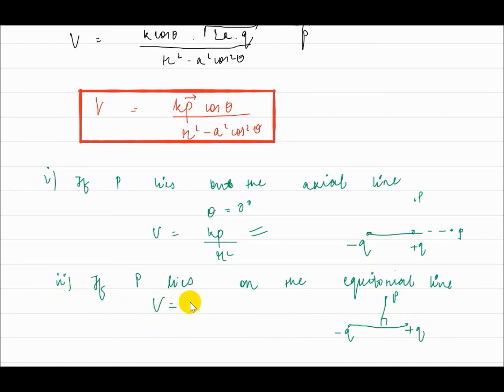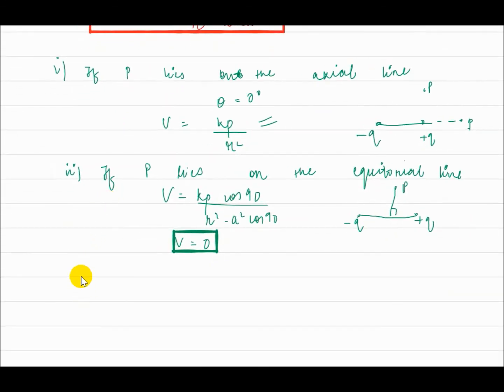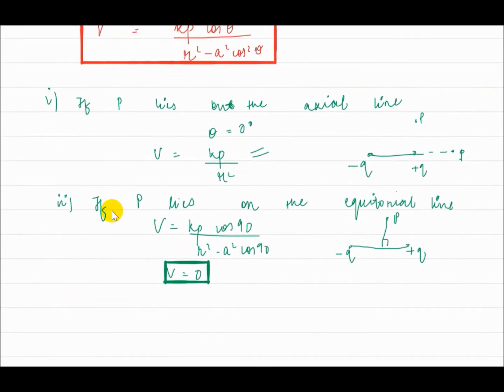So we get V is equal to kp cos 90 upon r square minus a square cos square 90, which is equal to 0, which is also what we derived. So basically the two derivations which we did before are conclusions from this derivation. Thank you, and I'll see you in the next video.